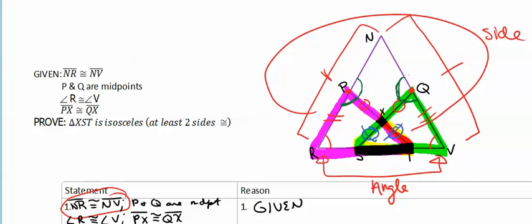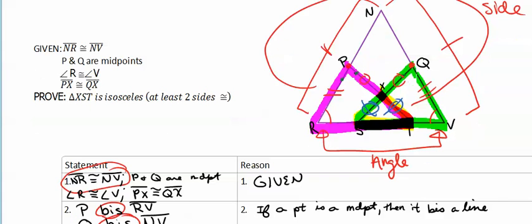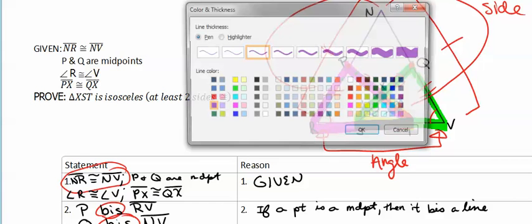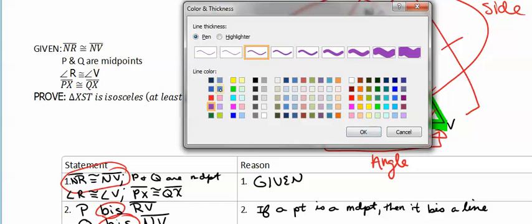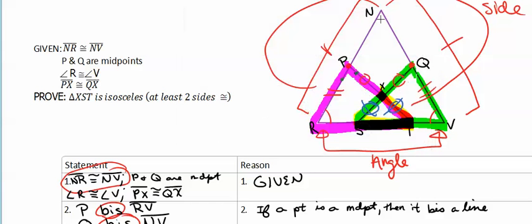So if we can somehow prove that these angles right here are congruent, we can easily prove that those original angles to be congruent as well. So how do we prove that NPT and NQS are going to be congruent? Well, what we can try to do is establish another triangle or congruent triangles in there.